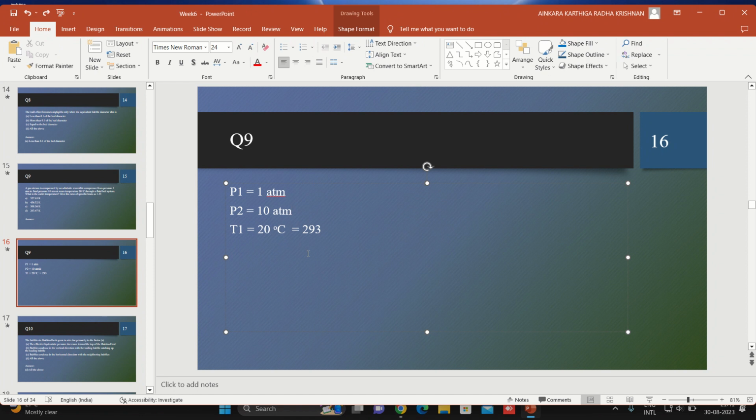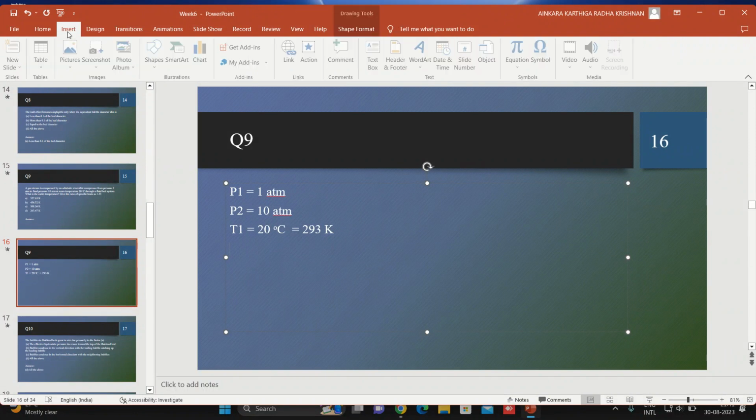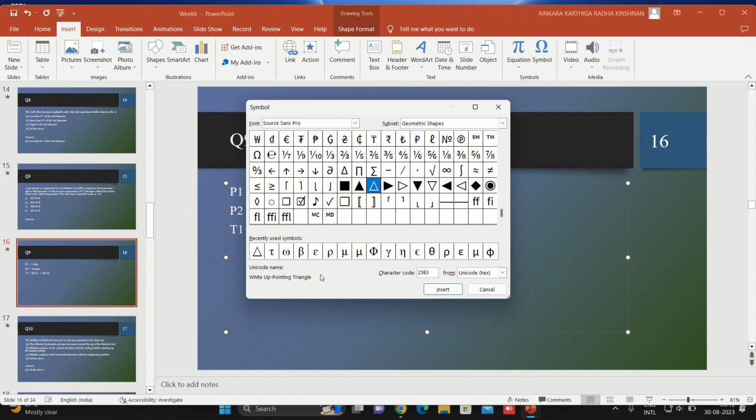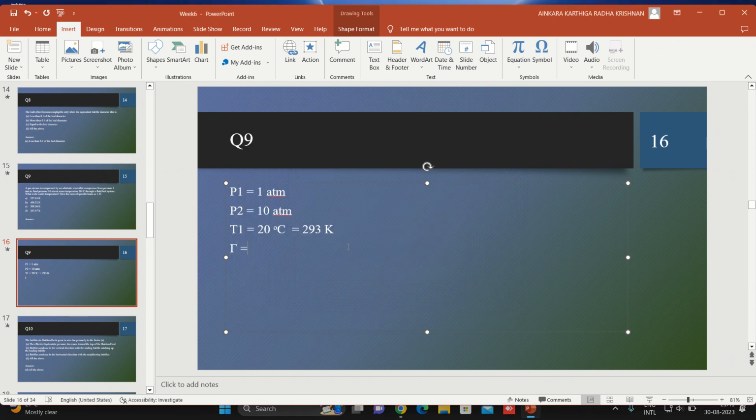Oh, sorry. What else is given? Specific heat capacity is given. Gamma is equal to 1.33.